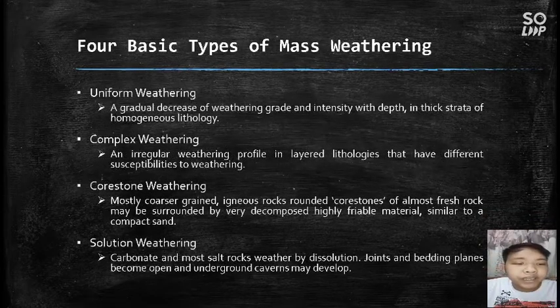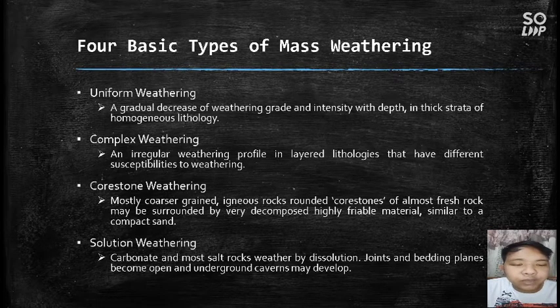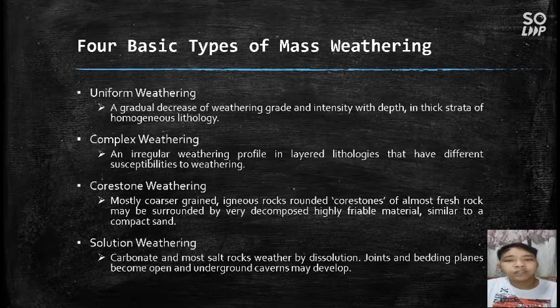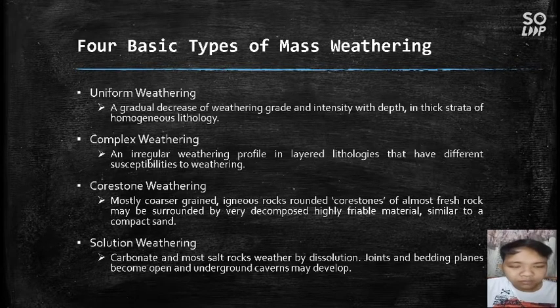The first part in imposing boundary conditions is the use of the basic types of mass weathering, namely uniform weathering, complex weathering, core stone weathering, and solution weathering. By definition, uniform weathering is a gradual decrease of weathering grade and intensity with depth in thick strata of homogeneous lithology.